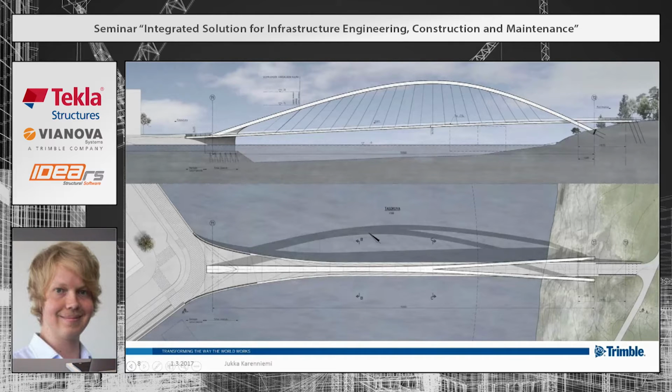On the Mustikkamaa side, it's on solid rock, and on the Kalasatama side, the foundation is on piles. It's a steel arch bridge, and also there is an underpass for boats under the bridge.